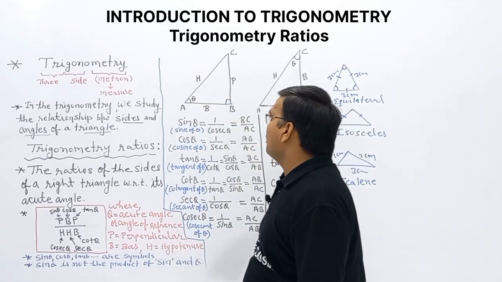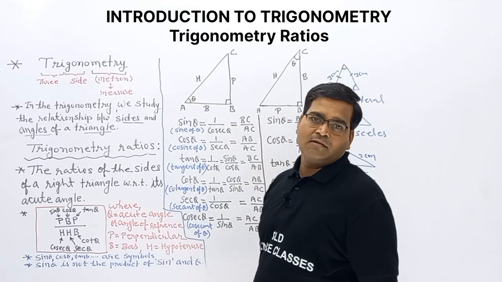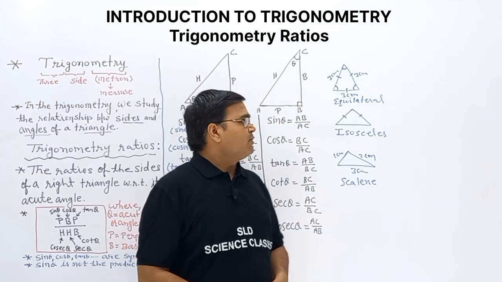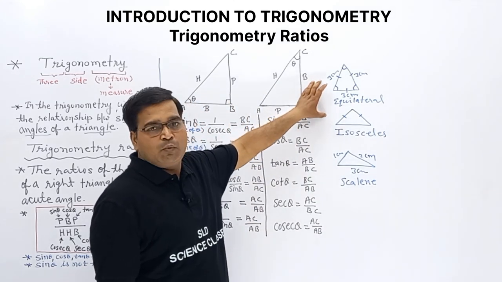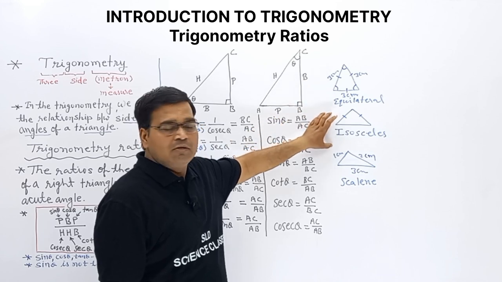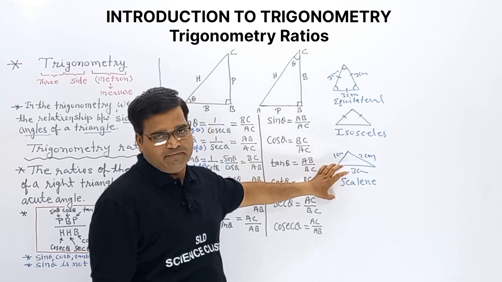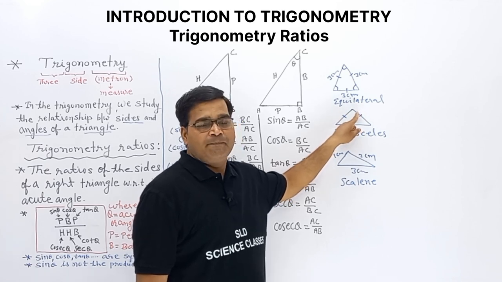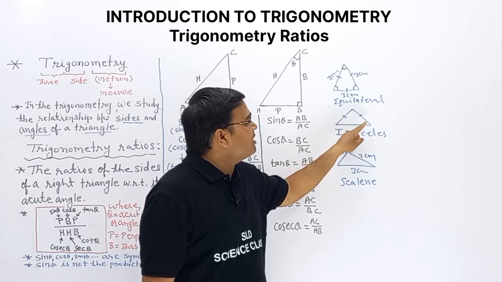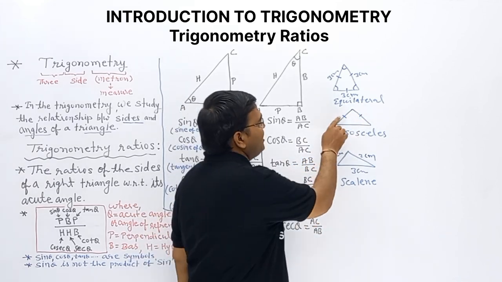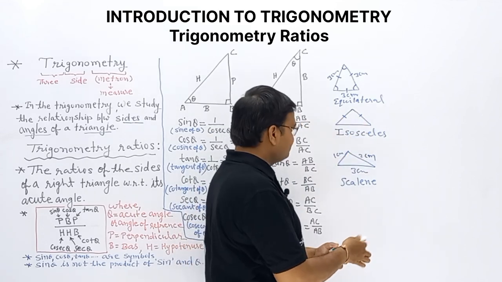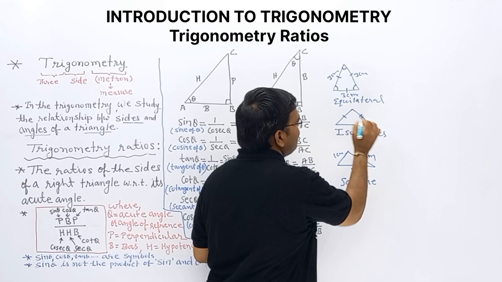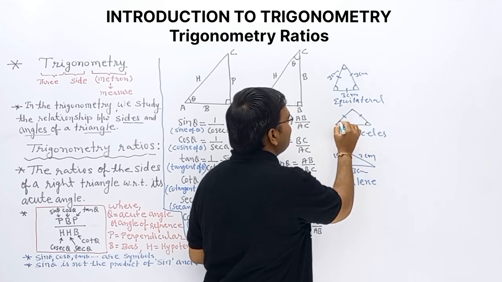Mainly we will use the right angle triangle. Different types of triangles I explained: equilateral, isosceles and scalene. In the isosceles, two sides are equal. Opposite of equal sides, its opposite is this one, and this side's opposite is this one.